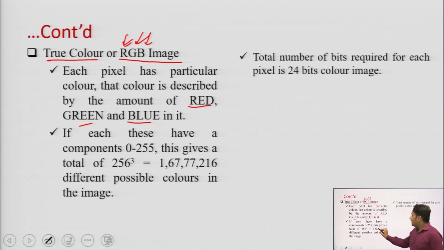So, if we are using 0 to 255, then according to these 3 colors, we have 256 raised to power 3 possible colors, that is 1 crore 67 lakh 77,216 different possible colors in that particular image.